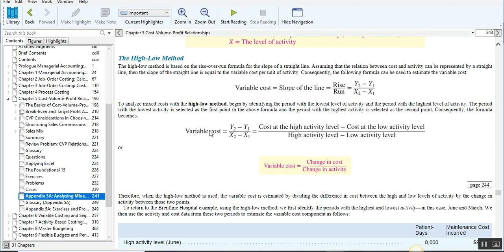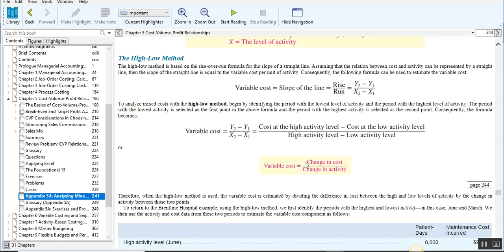Basically what you're doing is calculating variable cost based on the high level of activity: the cost at the high level of activity minus the cost at the low level of activity, divided by the high activity level minus the low activity level.